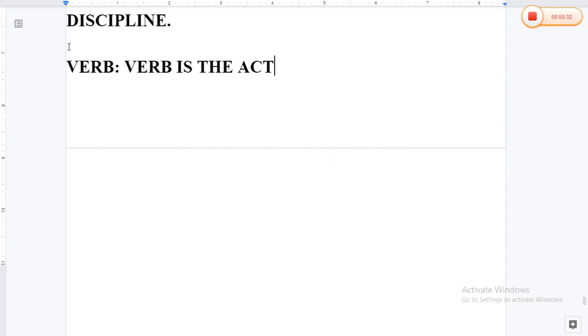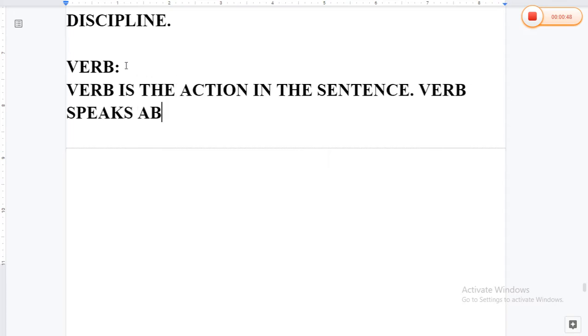Fine. Verb is action in the sentence. Verb speaks about the actions of the subject in a sentence.